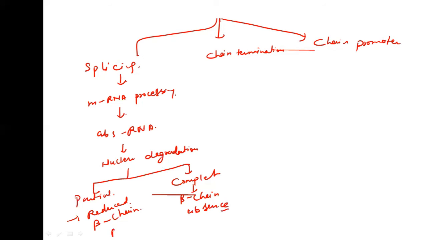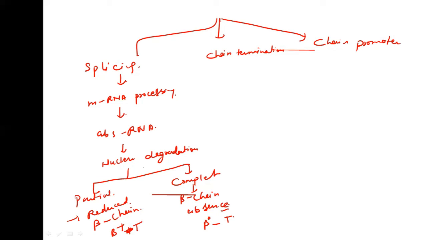So this is called beta plus thalassemia. And this is called beta O thalassemia. If there is absence, then it is beta O thalassemia. Otherwise, it is beta plus thalassemia, right?